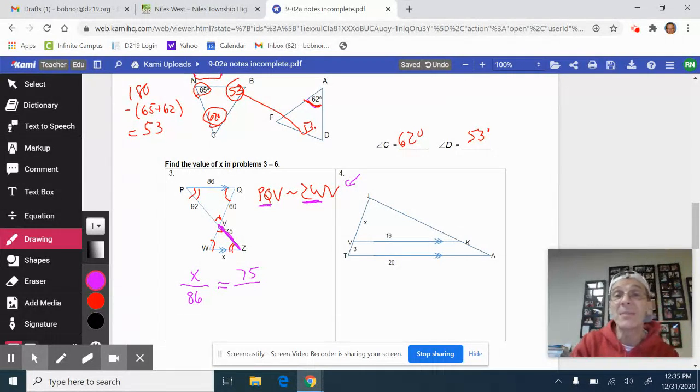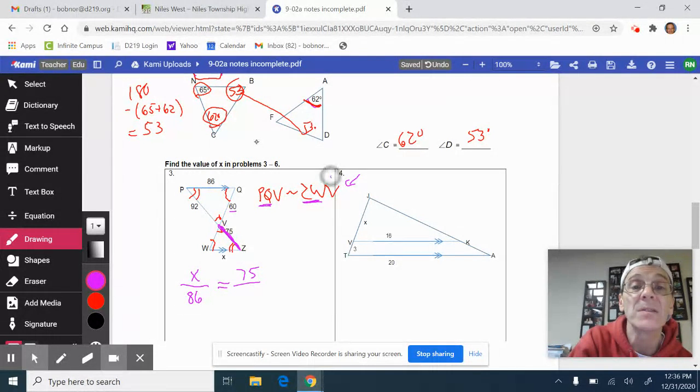Without naming the triangles and going through the careful analysis of matching up the congruent angles properly, a lot of people will make the mistake of putting the 75 over this 60. That's just wrong. We can check that by going to the names. 75 comes from segment VZ.